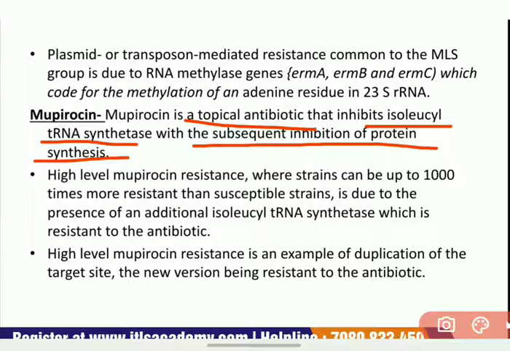Mupirocin has become a mainstay in the treatment of Staphylococcus aureus infection and colonization during hospital outbreaks, and it is in this organism that acquired resistance has arisen.